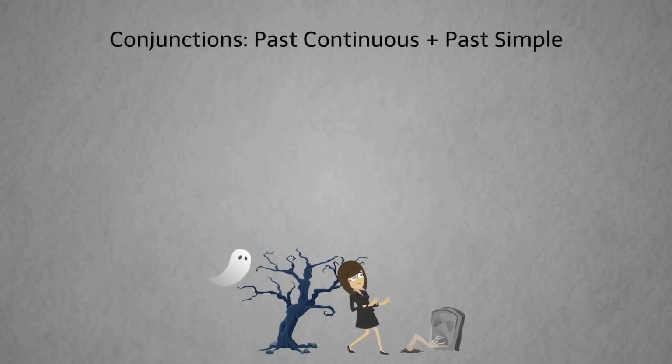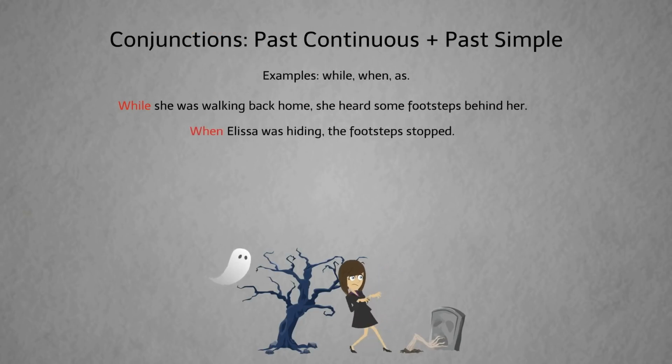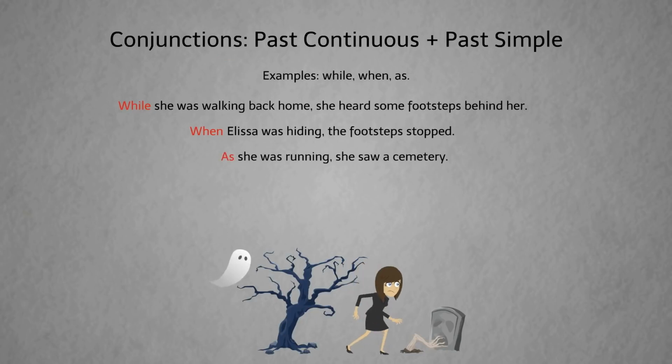To join past continuous and past simple actions, we use conjunctions such as while, when, and as. For example, while she was walking home, she heard some footsteps behind her. When Alyssa was hiding, the footsteps stopped. As she was running, she saw a cemetery.